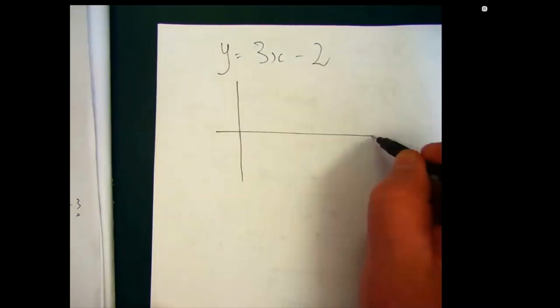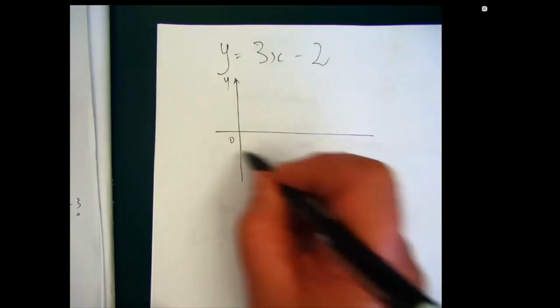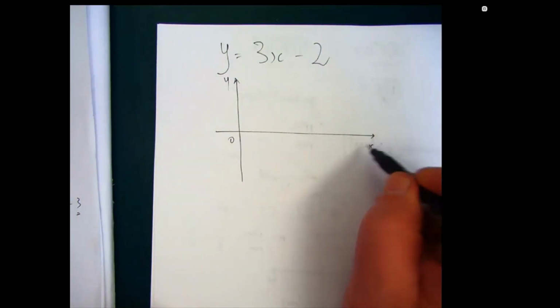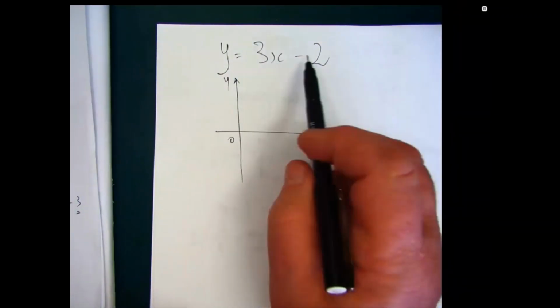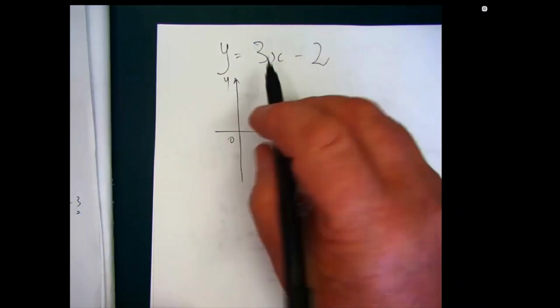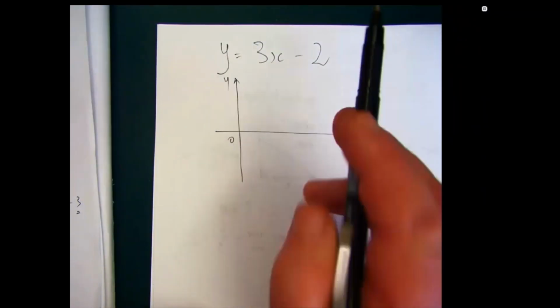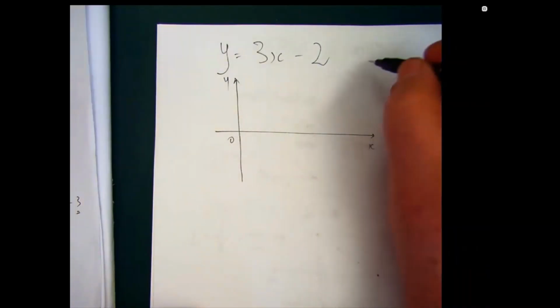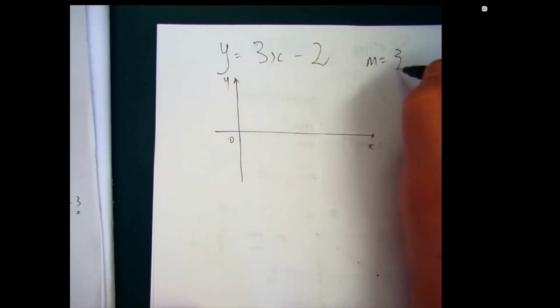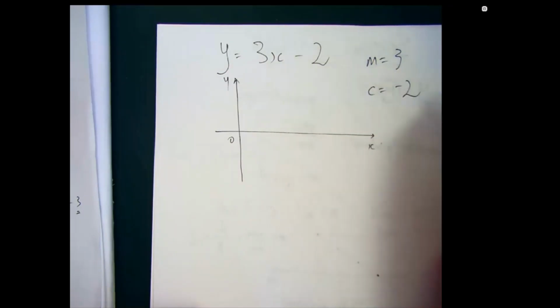Put in your x's. Here's your plus y, 0. This is the basic format. Looking at 3x minus 2, you see the two variables are x and y as before, but this gives you extra information. M is 3 and c is negative 2.